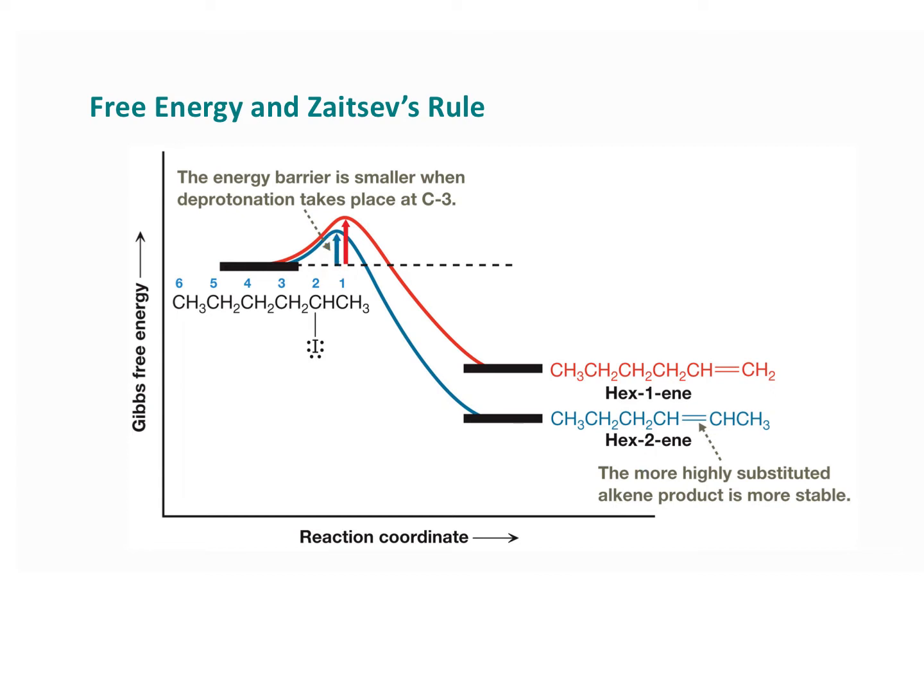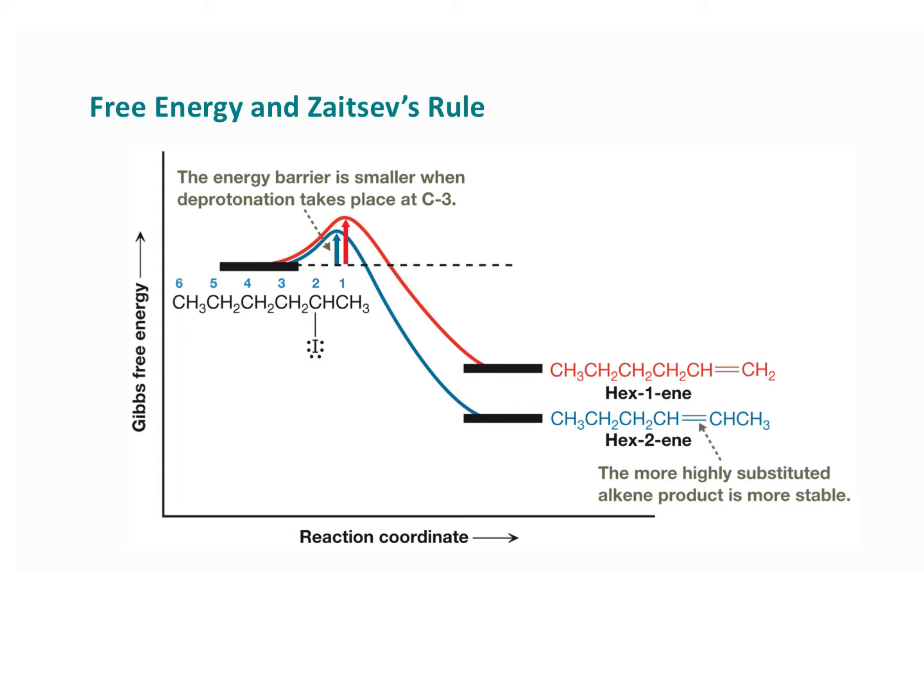When deprotonation takes place at that C3 carbon here. So that means it requires less energy. So it's got a more negative delta G. And so it turns out that because it requires less energy, it's going to be the more stable product.